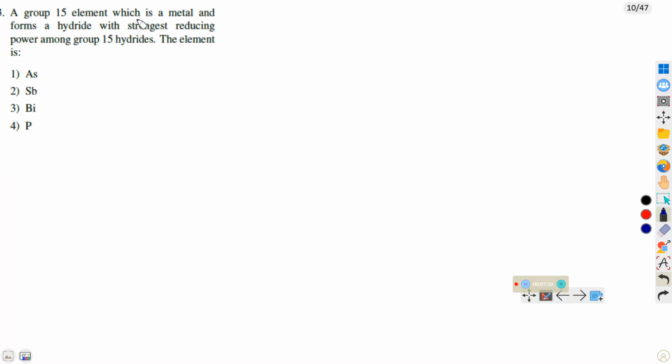A group 15 element which is a metal and forms a hydride with the strongest reducing power among group 15 hydrides. What is the element? Group 15 elements M react with hydrogen, then it gives hydrides. The hydride general formula is MH3.